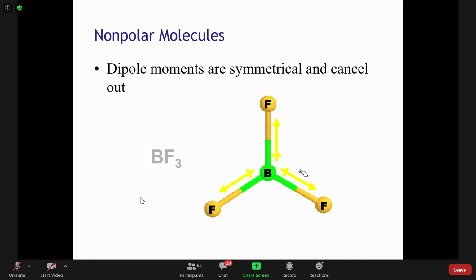And this can be very confusing to students because the minute they think there are polar bonds, they think they have a polar molecule. The answer to that is sometimes yes, sometimes no. But if your dipoles cancel one another out, polar bonds, non-polar molecule.